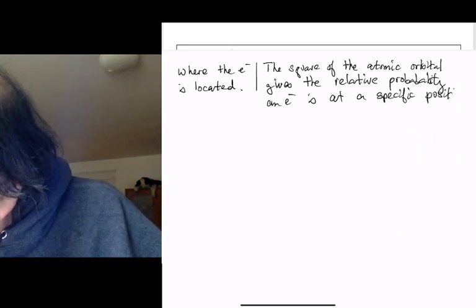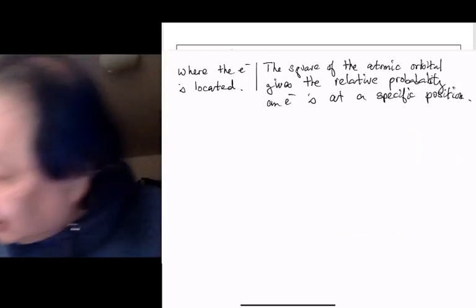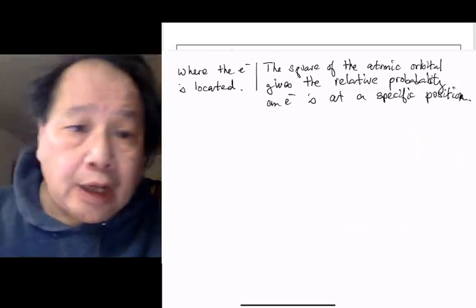And that's a hard sentence to understand. That's position. And I'll give an example.